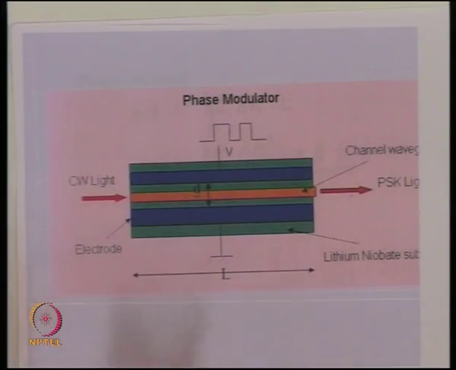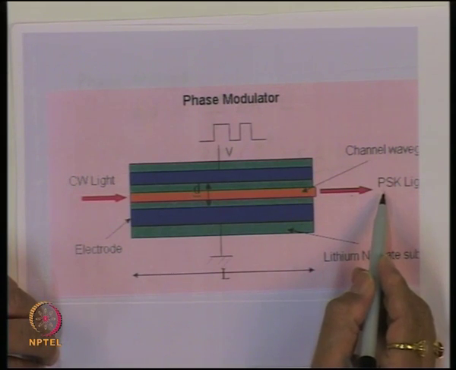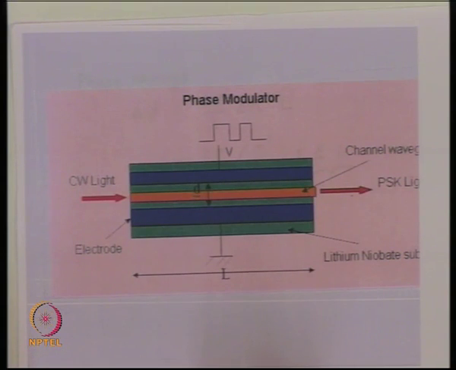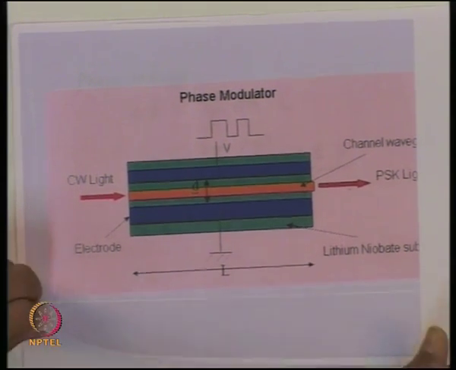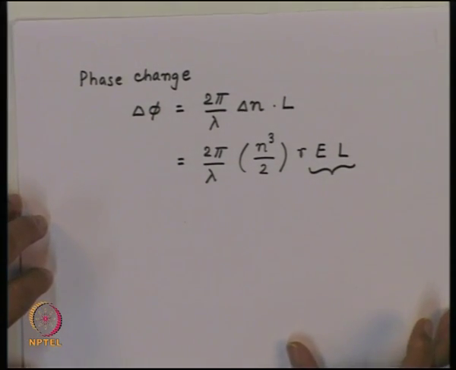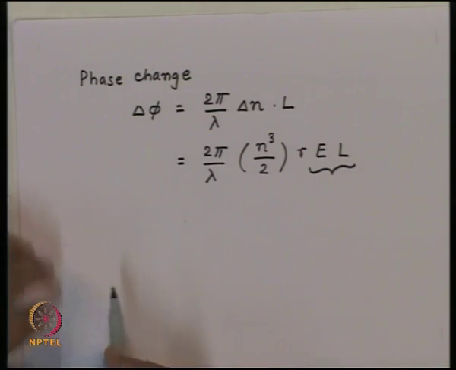If we now want to create a binary phase shift keyed signal, that means we want the phase change in the output corresponding to two levels, one 0 phase and one pi phase. One can ask what is the voltage required to get the phase change equal to pi.